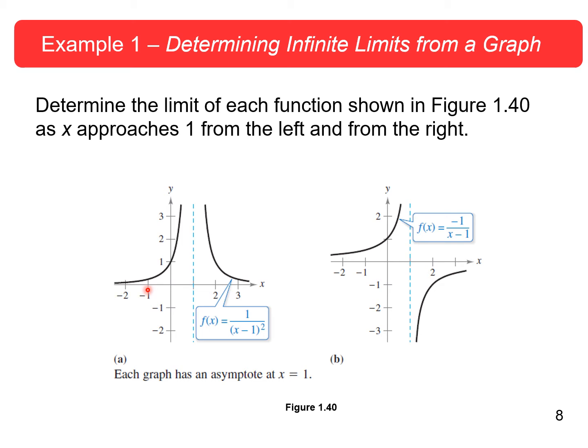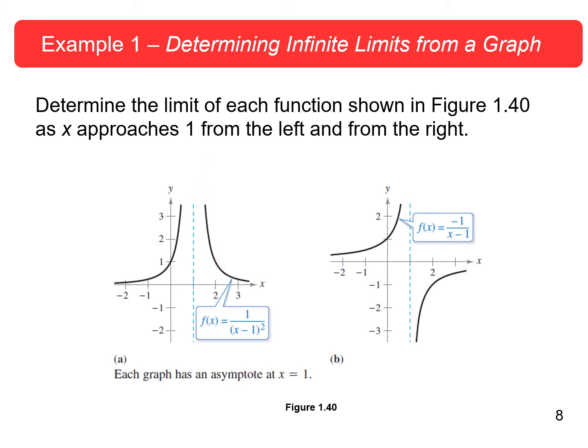For the first graph, as x approaches 1 from the left, the graph increases without bound. So the limit of the function as x approaches 1 from the left is equal to positive infinity. Similarly, as x approaches 1 from the right, the limit of the function is also positive infinity. It also increases without bound.